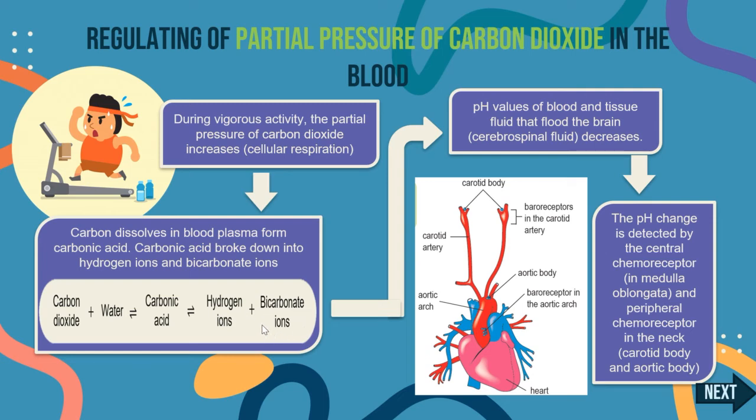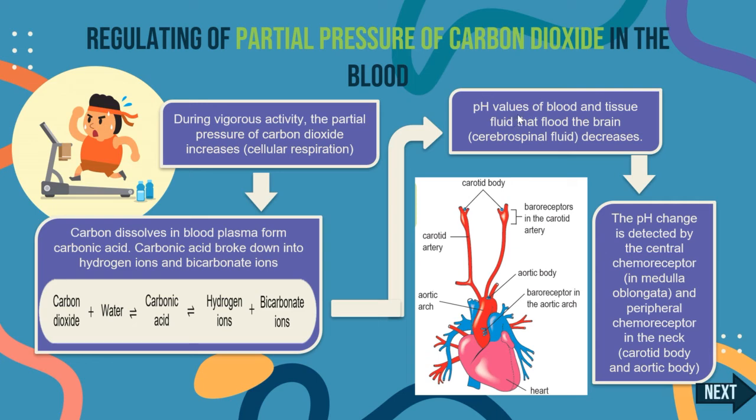So when there is a lot of hydrogen ion, the pH value of the blood will decrease, or in other words, it will become more acidic.